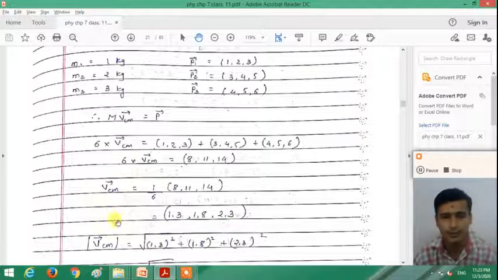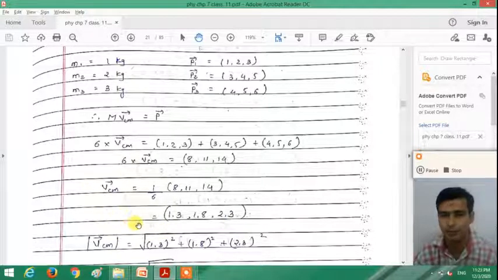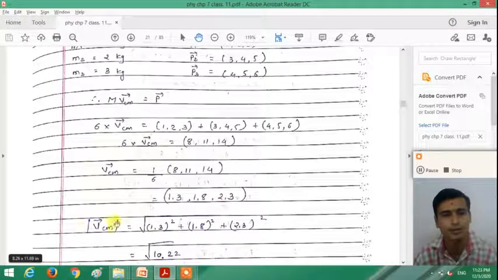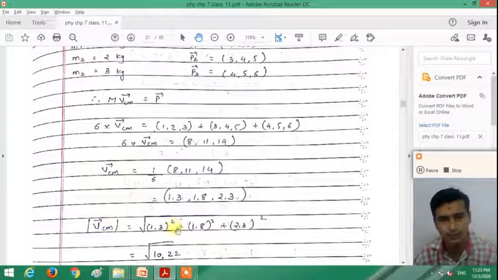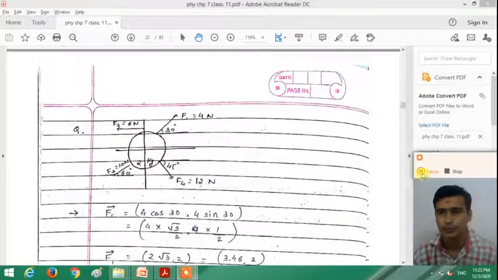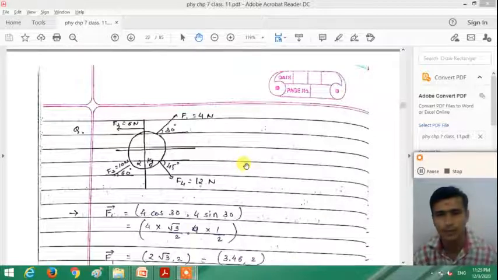So the velocity of the center of mass is represented in vector form as 1.3i plus 1.8j plus 2.3k, and the speed of the center of mass, that is the magnitude of VCM, is equal to the square root of 1.3 squared plus 1.8 squared plus 2.3 squared, which gives 3.19 meter per second. So now dear student, we will take the next example, which is of the JEE and NEET portion of this point, right?